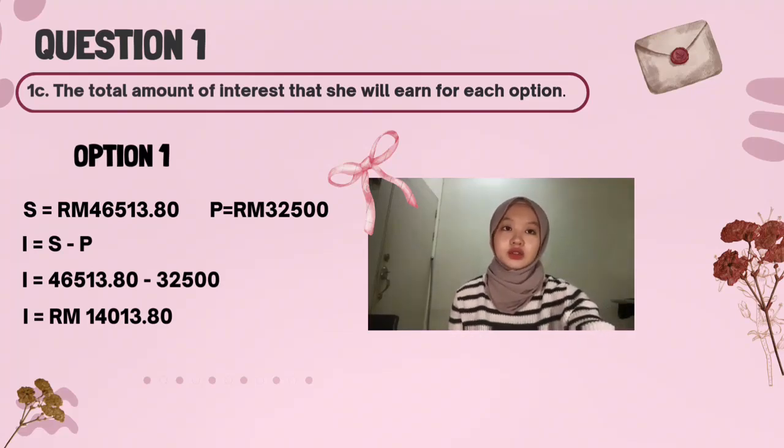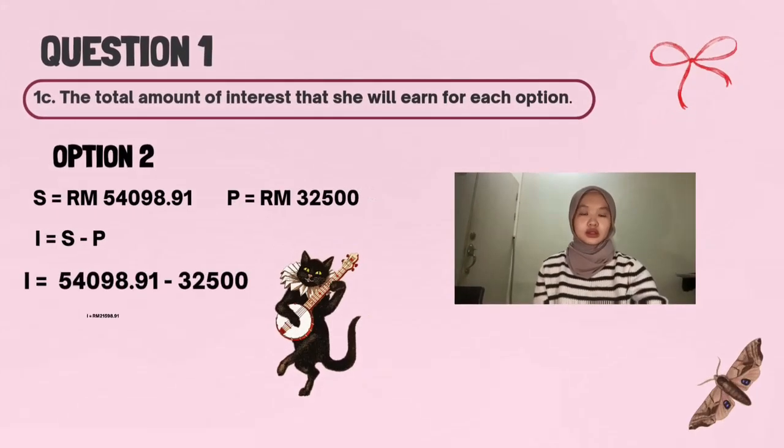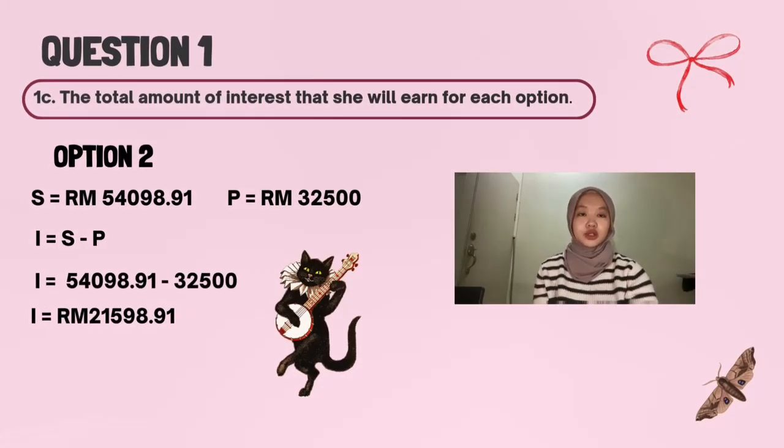To calculate this, we use the formula I equals S minus P. So I equals 46,513.80 minus 32,500. The answer for Bank A is RM14,013.80.